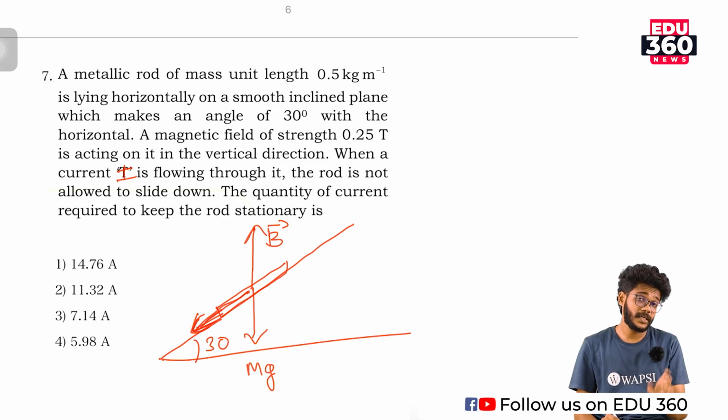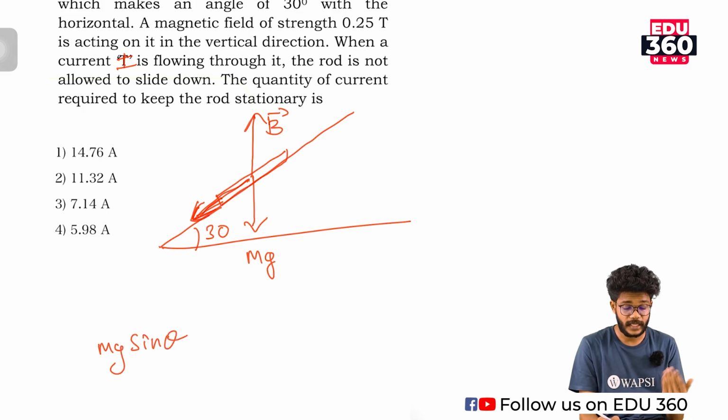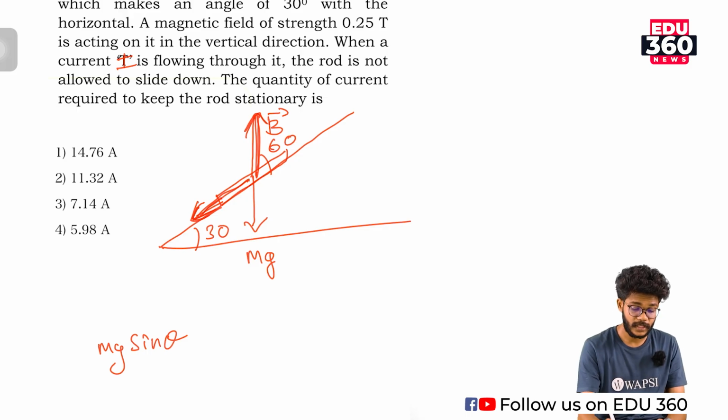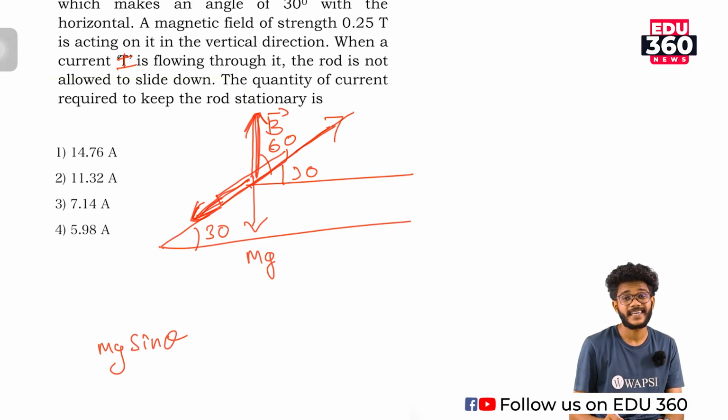So we can take the sine function: mg sine theta. The magnetic field is in this direction, and this angle is 60 degree, because the other angle is 30 degree. We have the force due to the current and the magnetic field in this direction.